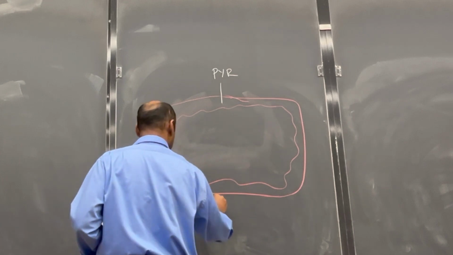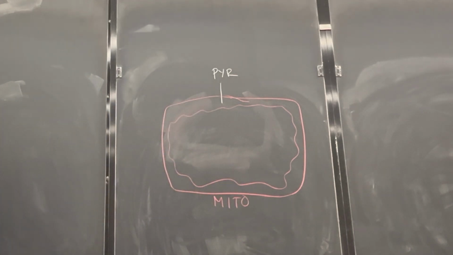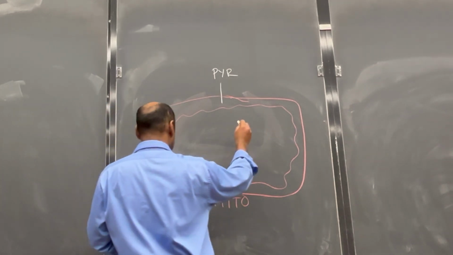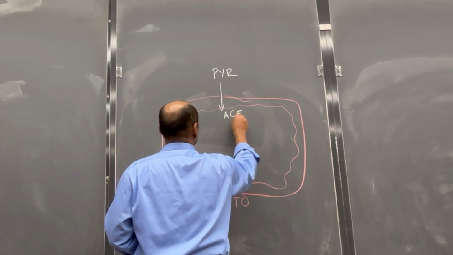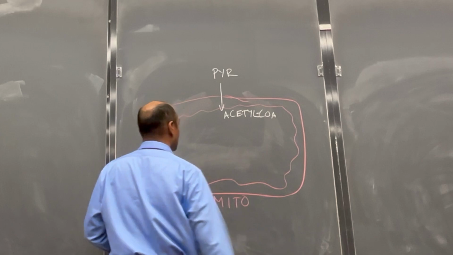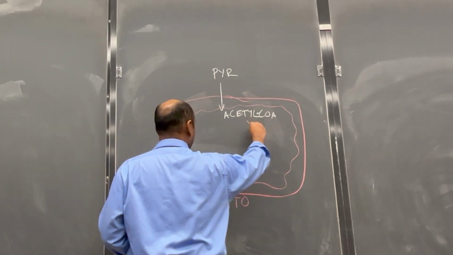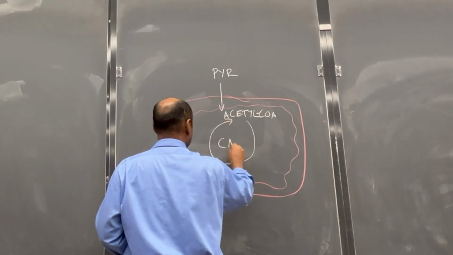So that's your mitochondria. Pyruvate enters, and normally this will happen, right? You get acetyl CoA. Normally, we haven't done that yet, but this will be part of the citric acid cycle.